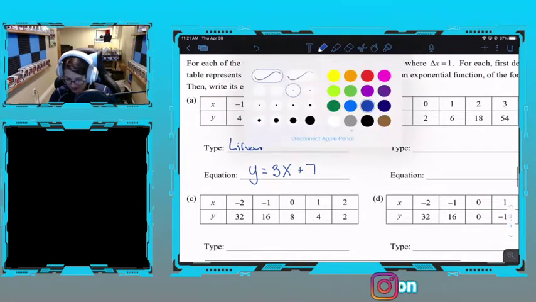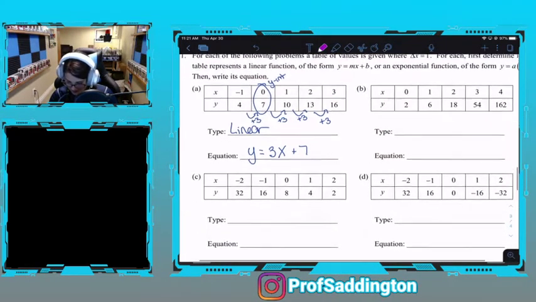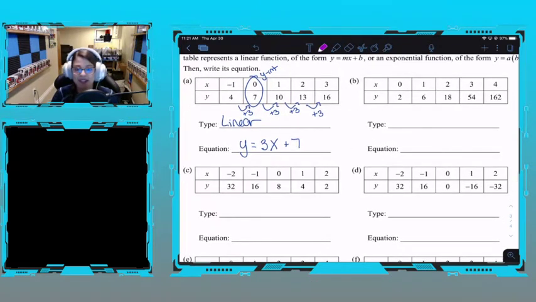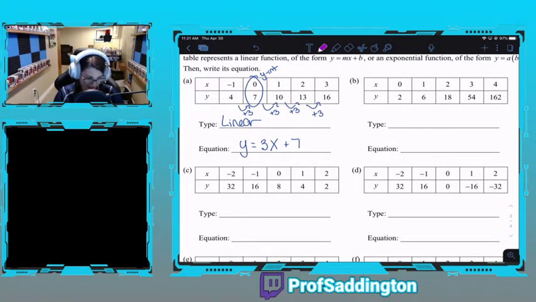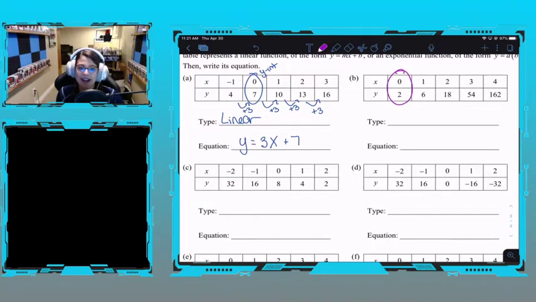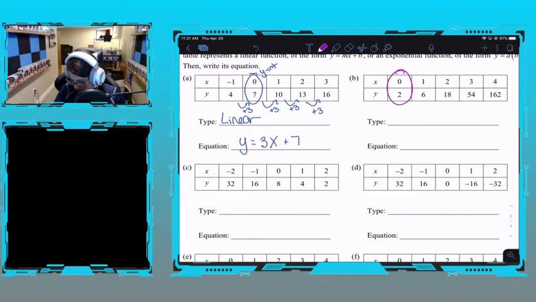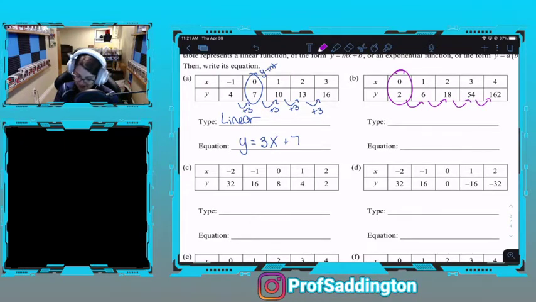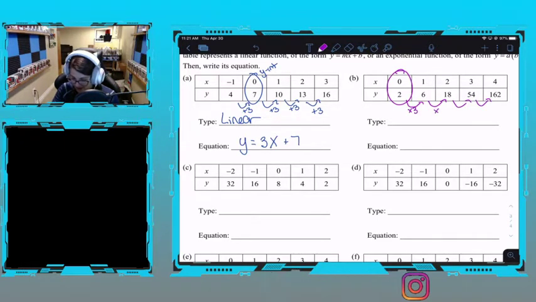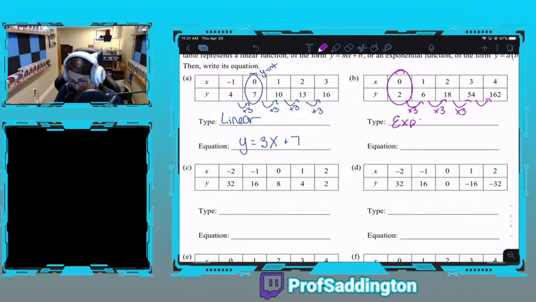So let's try another one. Okay, so our x's are still going up by 1, so that's nice. I see my y-intercept, so it's always nice to circle that or identify it. And then let's see, we're going from 2 to 6, 6 to 18, 18 to 54, 54 to 162. That's clearly not adding. Those are being multiplied by 3. Since it's multiplication, that's going to be exponential.